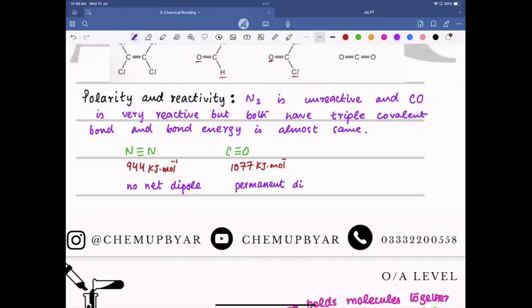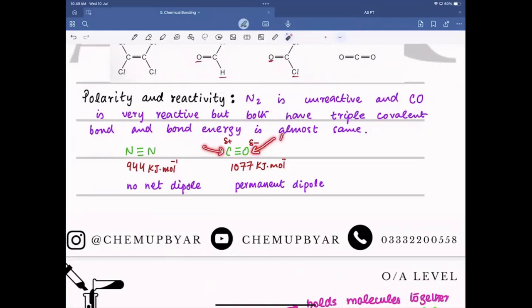That makes it more reactive. How? Because it can attract anything negative towards the positive side and anything positive towards the negative side.